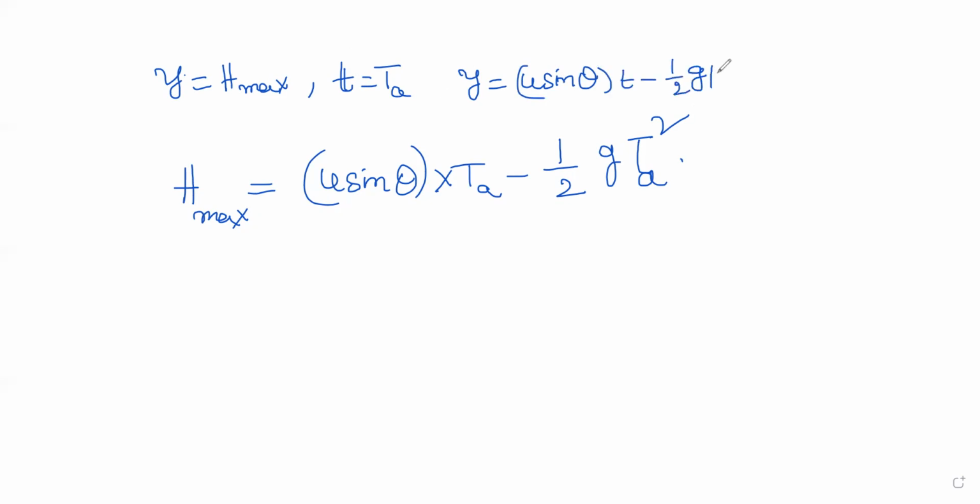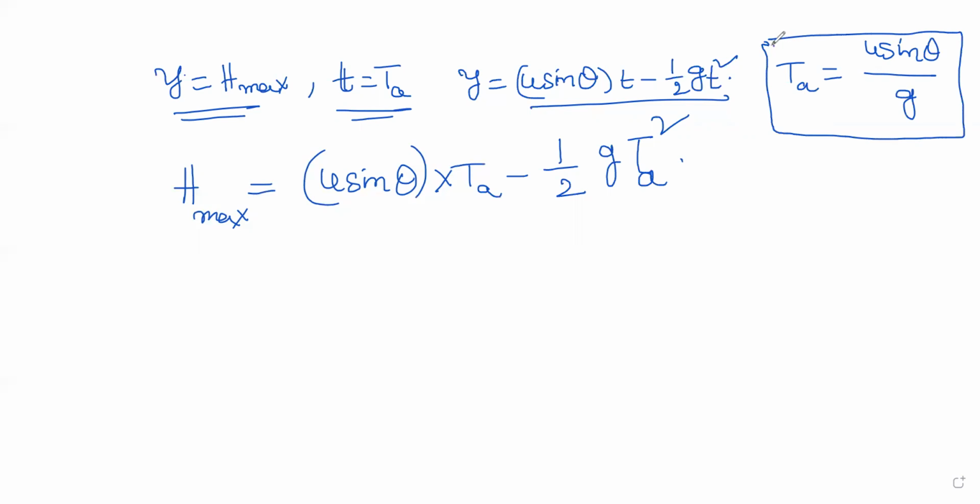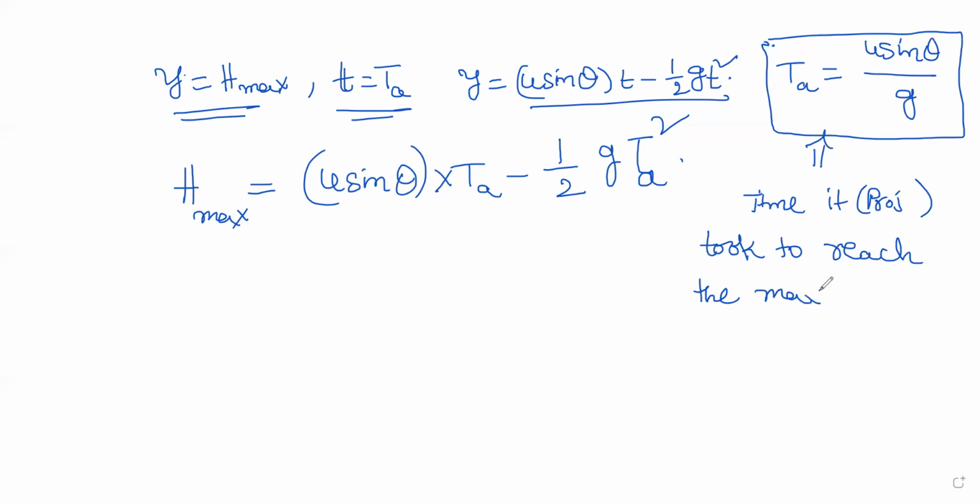The value of time of ascent is nothing but u sine theta divided by g. So what is time of ascent? Basically, time of ascent is the time the projectile took to reach the maximum height. So I substituted that here.